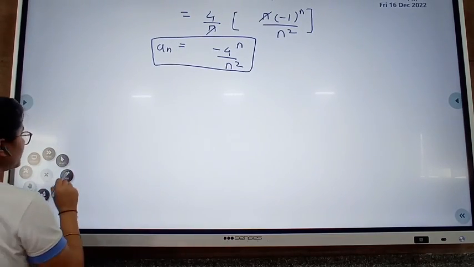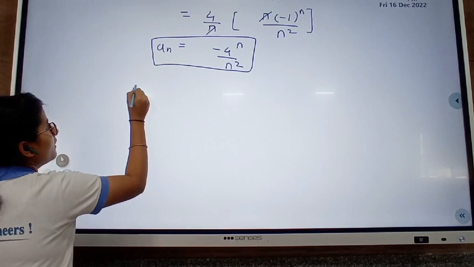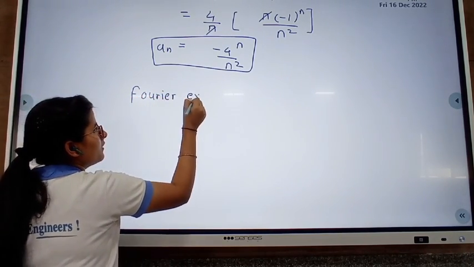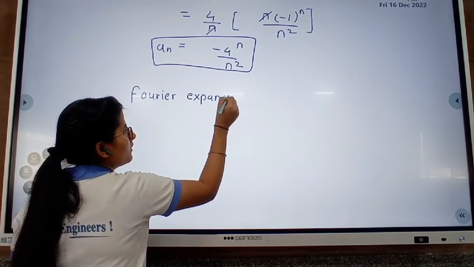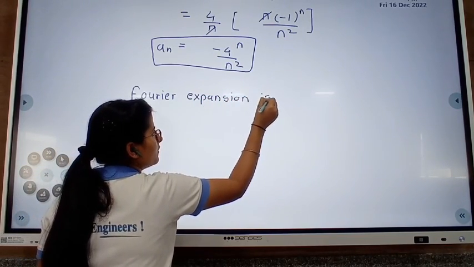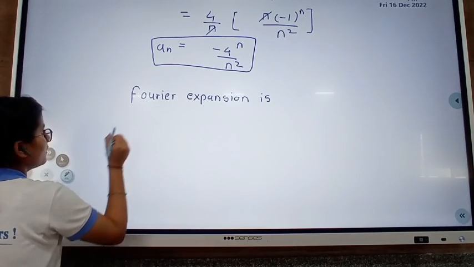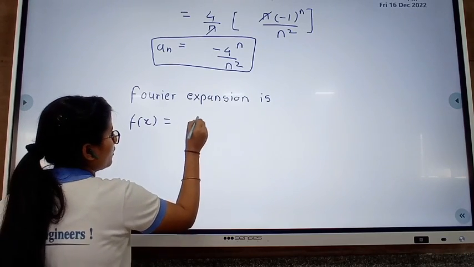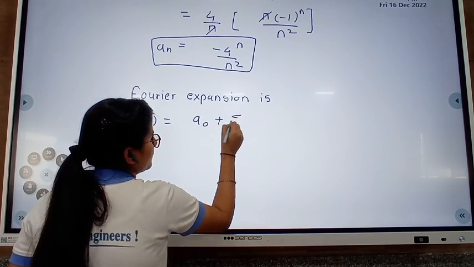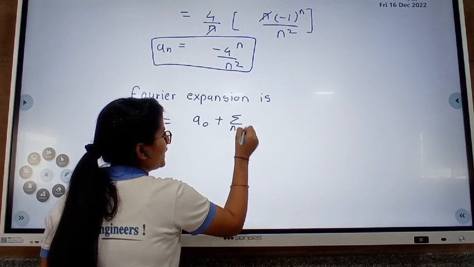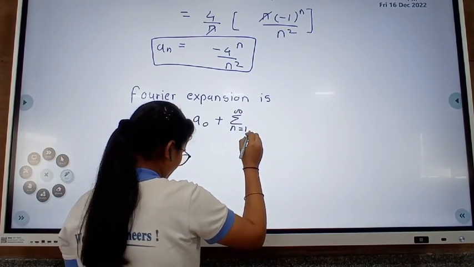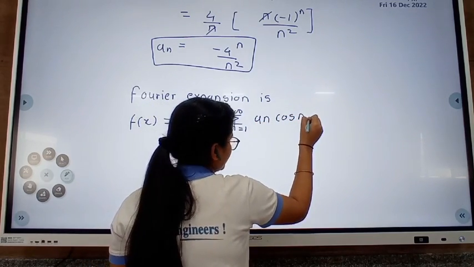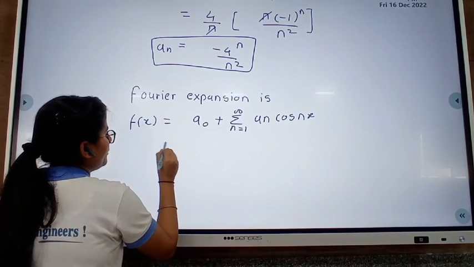So the Fourier expansion is f(x) is equal to the value of a naught plus, put the value in it.